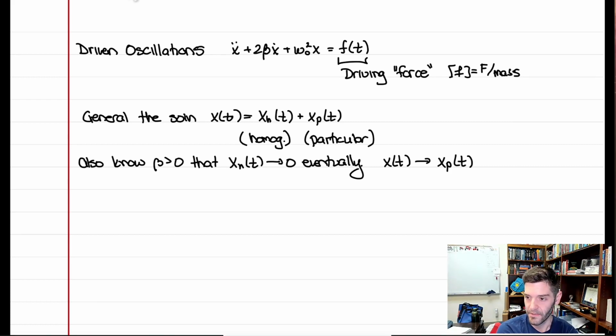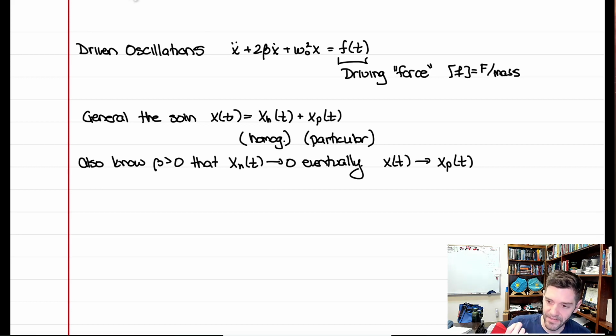So this is the long-term oscillatory motion, or maybe it's not oscillatory motion. So this driving force ultimately does decide what sort of motion results. Also, it can play a very important role depending on the exact value of beta.